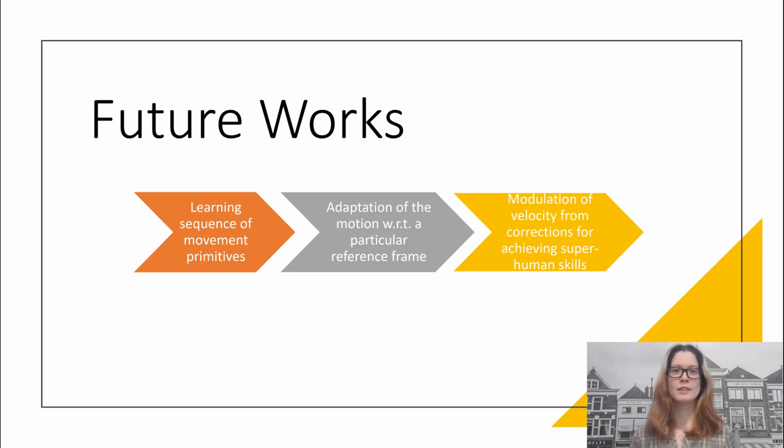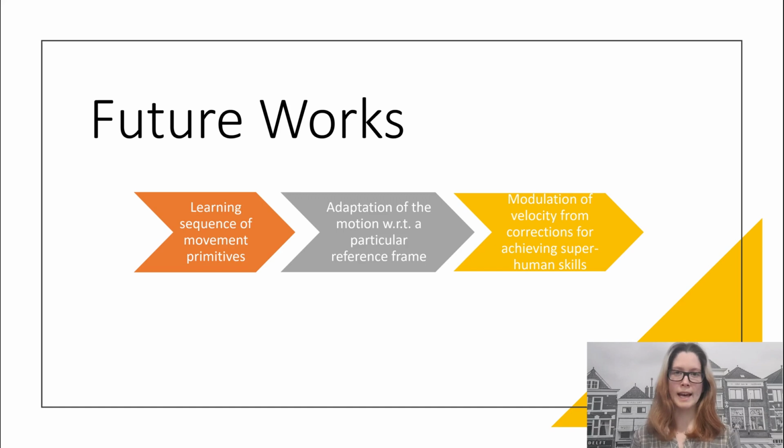The first takes into consideration that usually the tasks that we perform consist of multiple subtasks. Therefore, we aim to investigate how to learn the sequence of these subtasks and incorporate this into our framework. Secondly, the learned policies within this work were all with respect to a global reference frame.